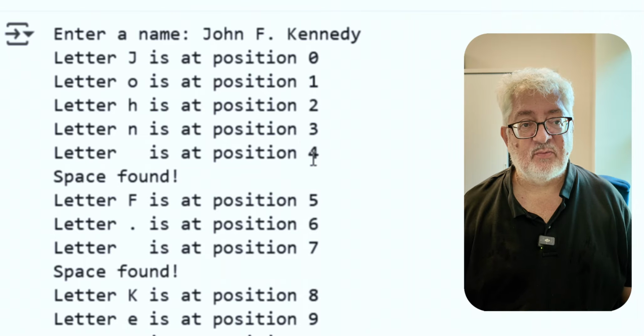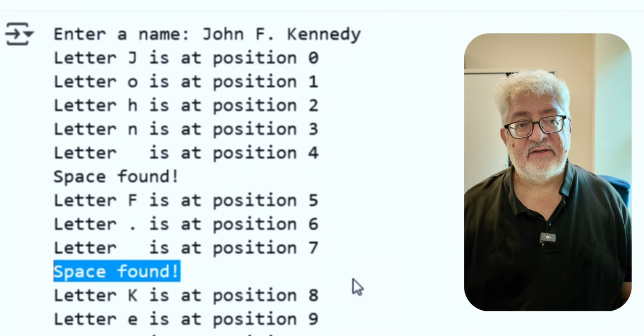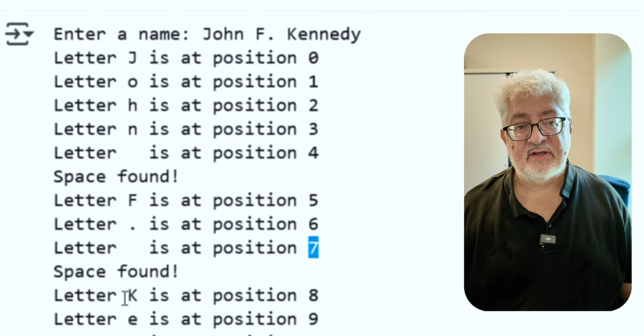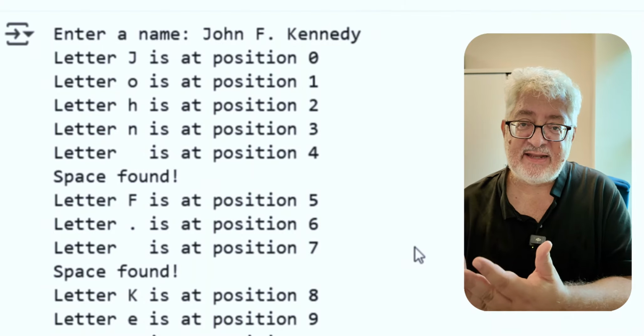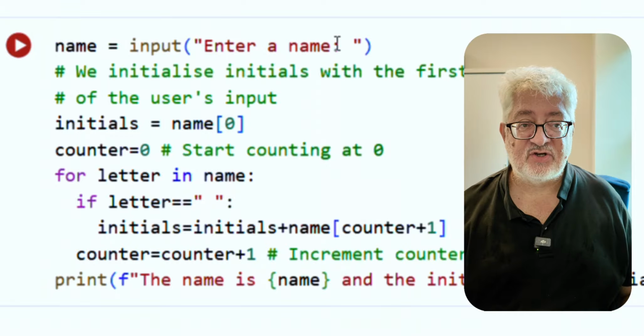And so now you see when the space is found and my last counter is at position 4, the letter F will be at position 5. When the space is found and my last counter is at position 7, the K will be at position 8. So I just need to take the letter at position counter plus 1, and this will be my next initial.